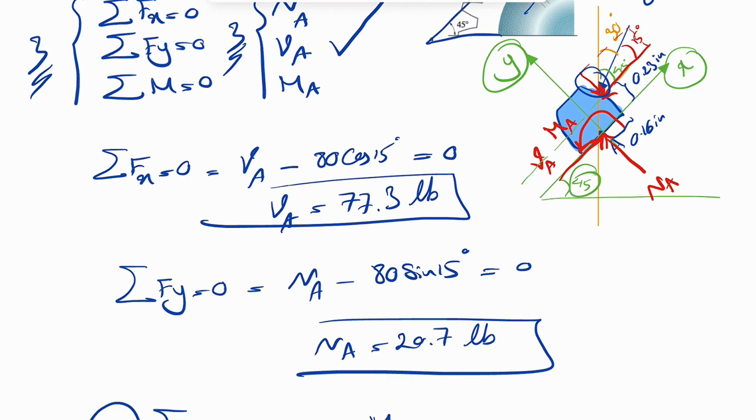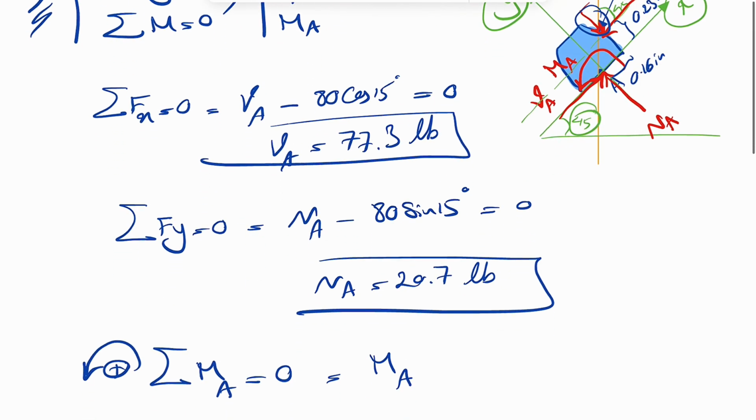We just have to figure out which one makes clockwise moment and which one makes counterclockwise moment. So let's start with the x component. We can see about A, the x component is going to be counterclockwise, so it's positive. So MA plus 80 cosine of 15 degrees.